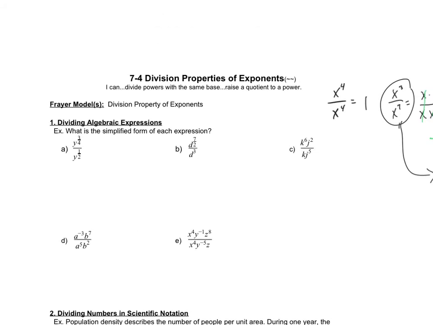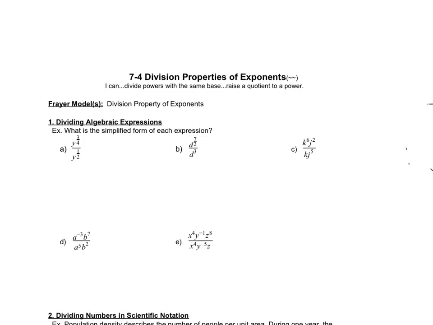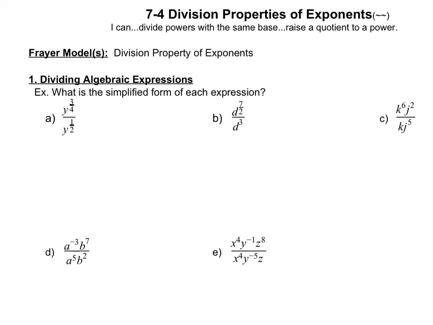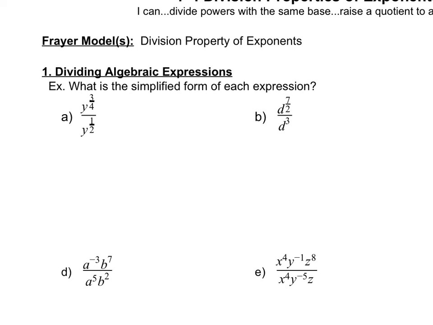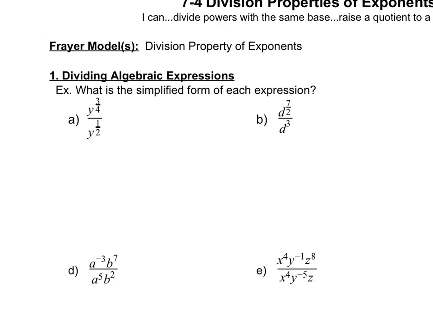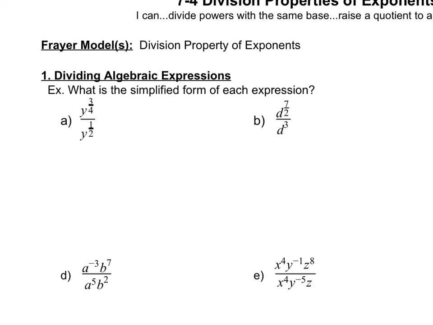As we go forward and do some examples, we have that division property. When we have like bases, we're going to subtract our exponents. What is a simplified form of each of these expressions? Starting off difficult, just because we have a fraction, but we do have like bases.